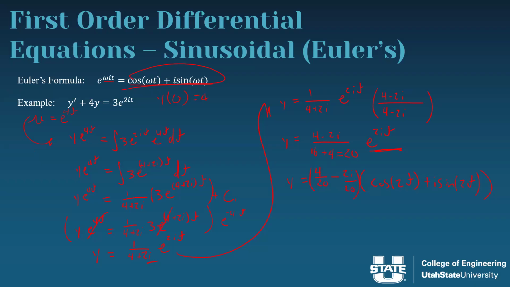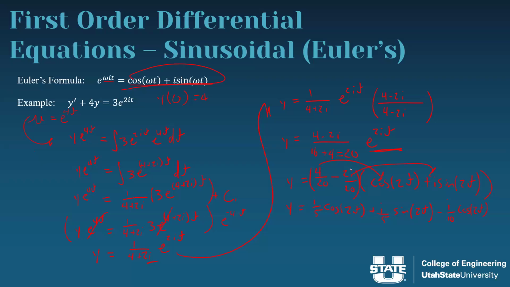And then you're going to want to distribute this out. So you'd have y is equal to, I'm going to simplify this to 1/5 cosine of 2t plus i over 5 sine of 2t. And then you'd have minus i over 10 cosine 2t.